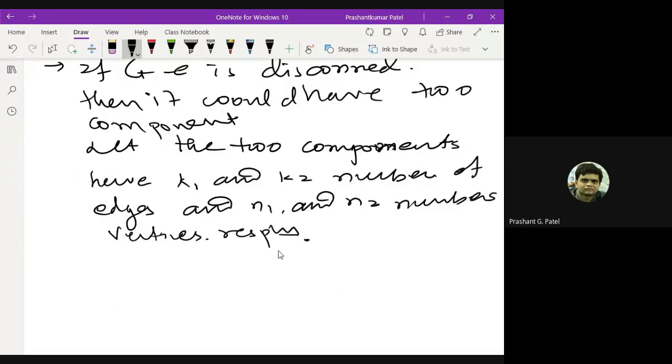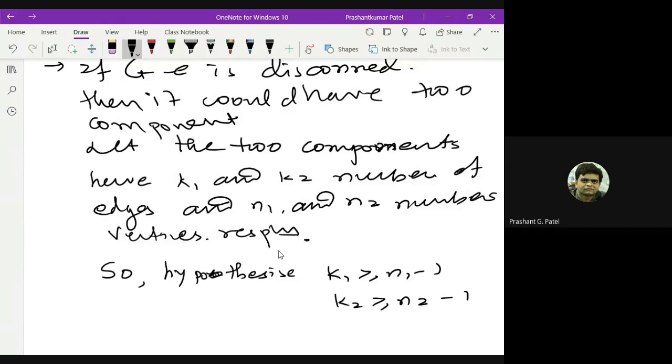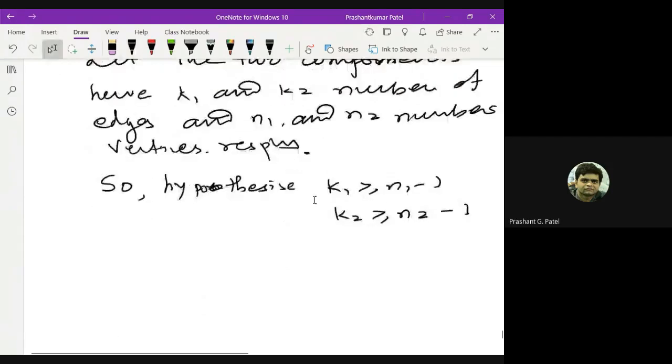Now, by our hypothesis, k1 is greater than or equal to n1 minus 1 and k2 is greater than or equal to n2 minus 1. Why is this used?